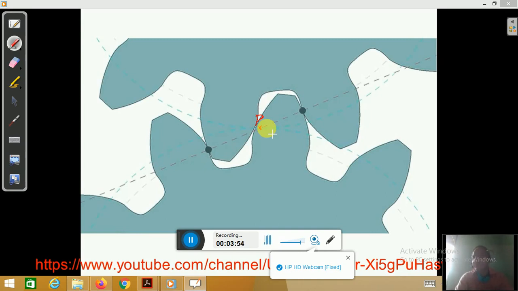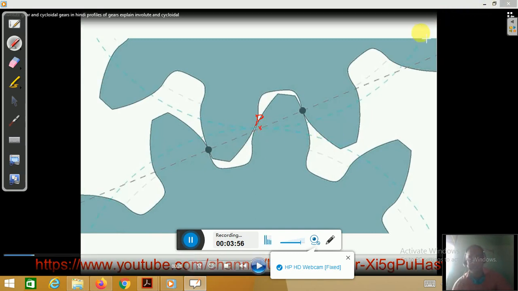Understanding this particular concept is very important. From the starting point of contact to the end point of contact, that part of the line of contact is called the path of contact. The length of that part is the path of contact. You can also observe, from the starting point to the pitch point, the distance along this line of contact is called the path of approach.